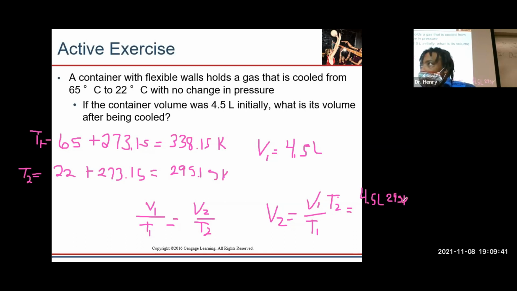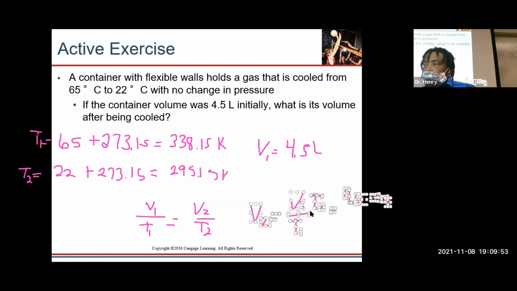Running out of room. Divided by 338 Kelvin. And that's going to give us some value.